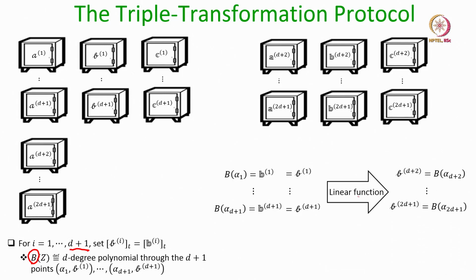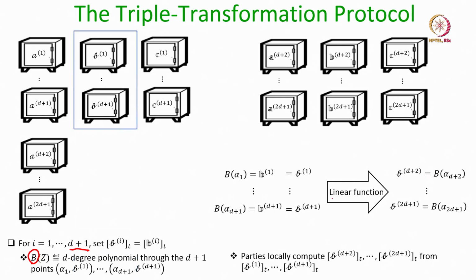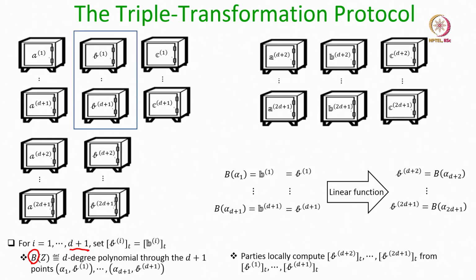And then we can apply the Lagrange linear function and get the next bunch of points on this defined B polynomial. Since everything is a linear function, it can be applied on the secret sharing of the points on the B polynomial, and we can get the transformed B components for the output triplets.